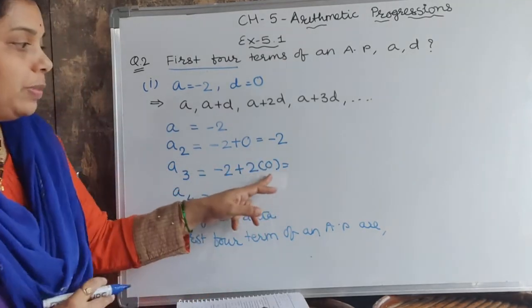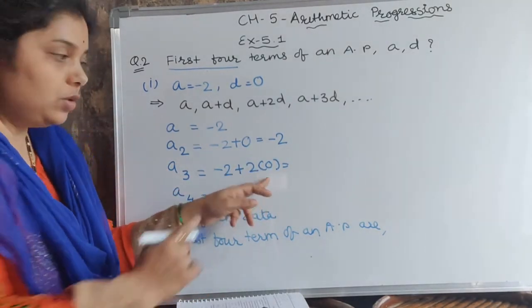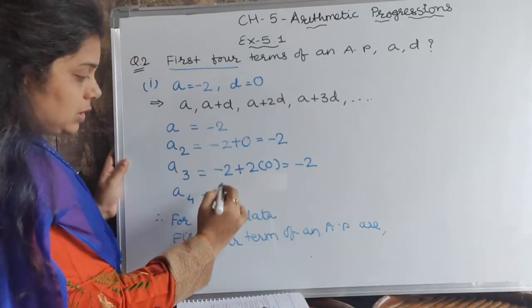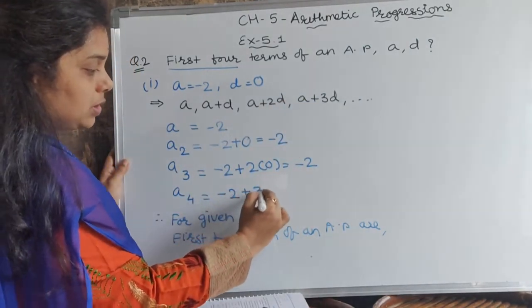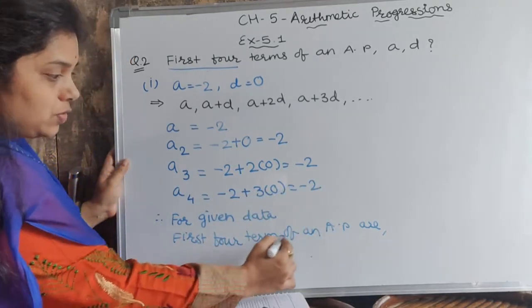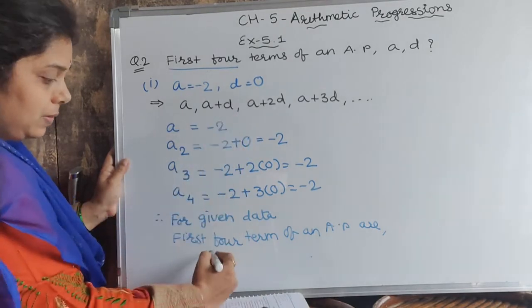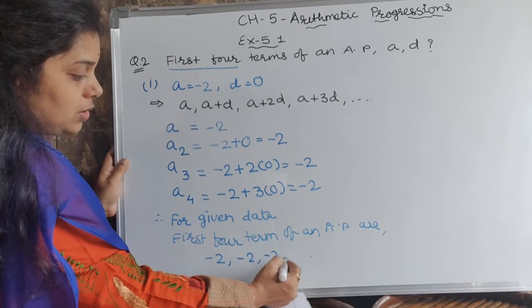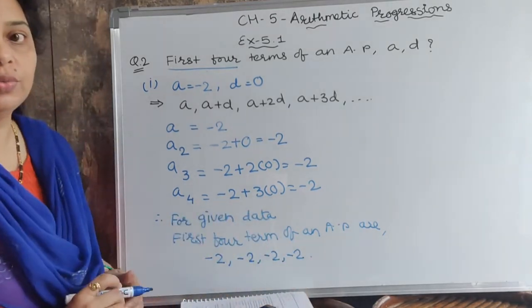Whatever is multiplied with 0 is equal to 0. Therefore we finally get minus 2. Again, A plus 3D, minus 2 plus 3 into 0, is equal to minus 2. So the first 4 terms of the given AP are minus 2, minus 2, minus 2, minus 2.